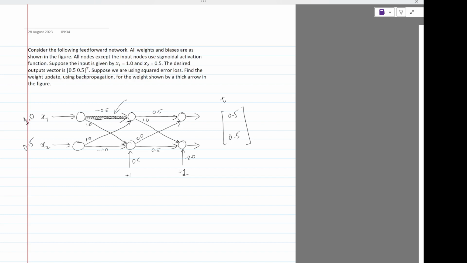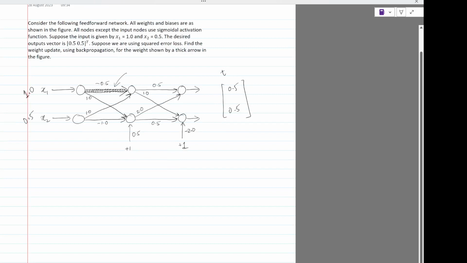What is the first step that we need to do? Our cost function is the squared error, half summation over j of (oj minus tj) squared, right?